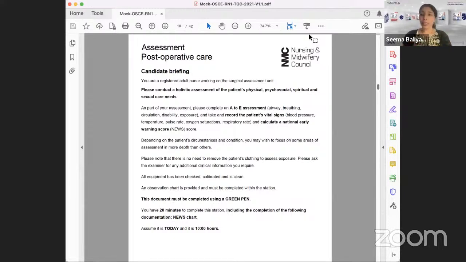Yeah, so we are clear with these 4 types of scenarios which can come in your exam.